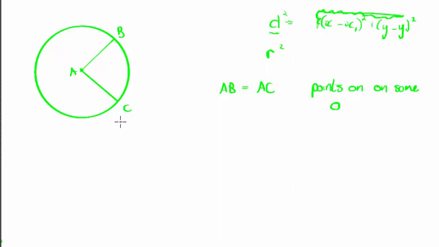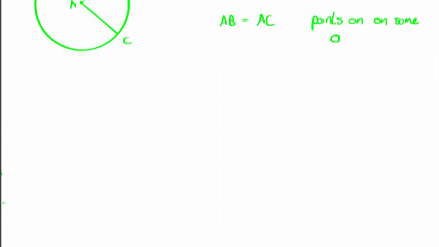Okay. Now, let me just quickly remember the order. Yes. So now we're going to look at some of the circle theorems. One of the theorems is that if we have a circle, and if I connect any two points on a circle, it's called a chord.